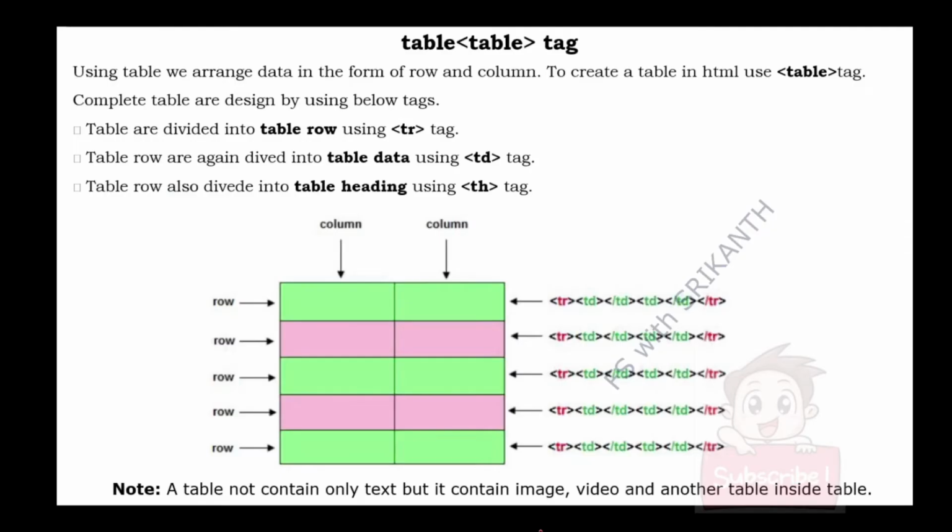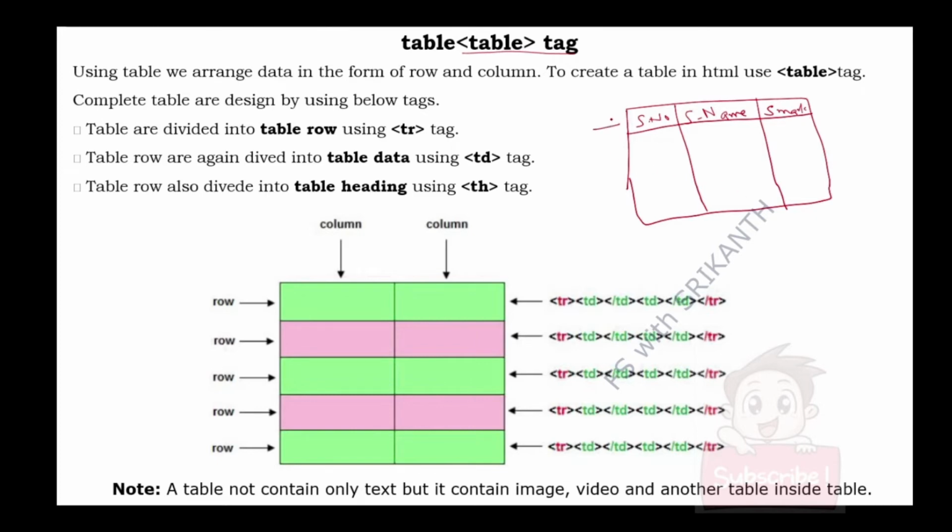Table tag. So what is a table? A table is nothing but a collection of columns and rows. Everyone knows this. These tables are designed with the help of the table tag. With the help of the table tag we can design tables, right? So here just you observe the table. You can think about a table, and a table may contain in the first line headings like S number, student number, student name, student marks, and this entire set of columns is nothing but one row.